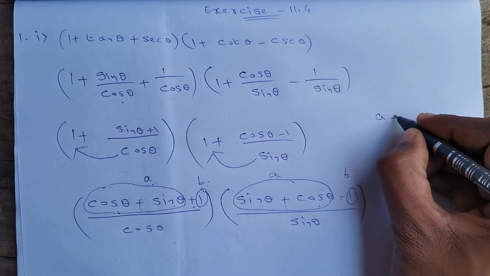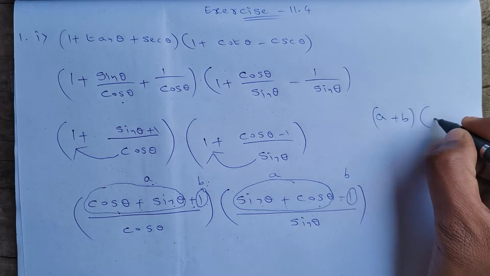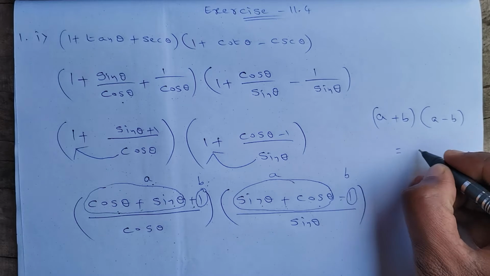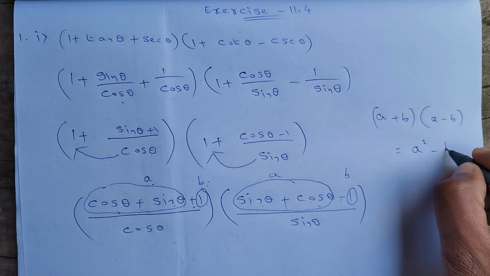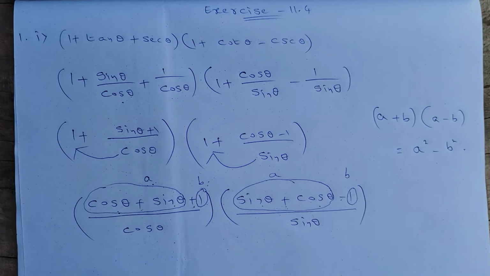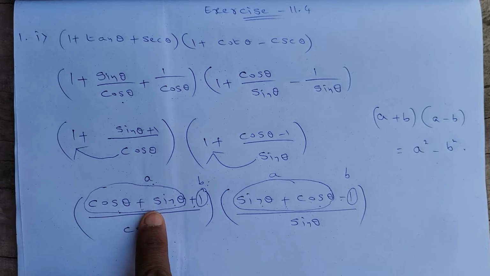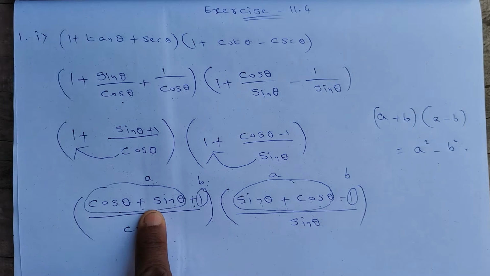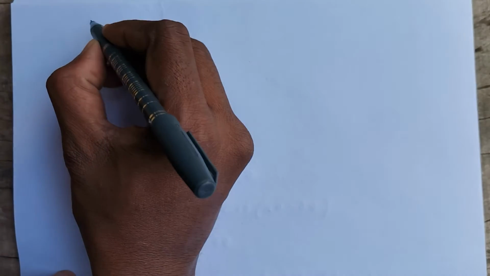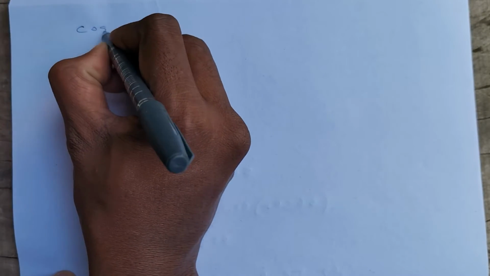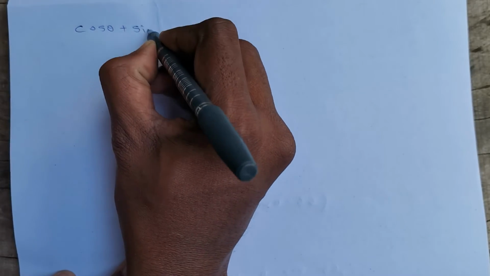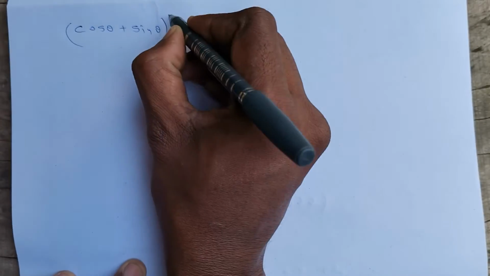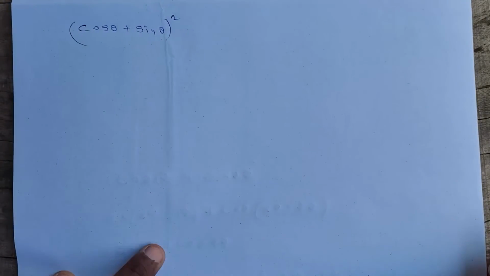So (A plus B) into (A minus B) is equal to A square minus B square. Here A is cos θ plus sin θ, so we want A square: (cos θ plus sin θ) whole square minus B square.